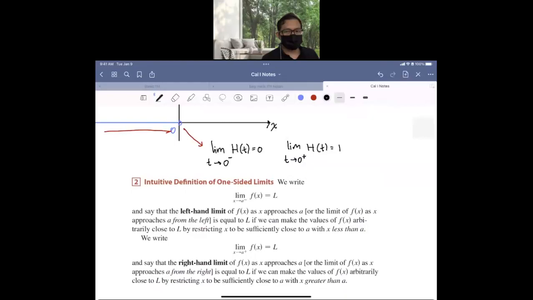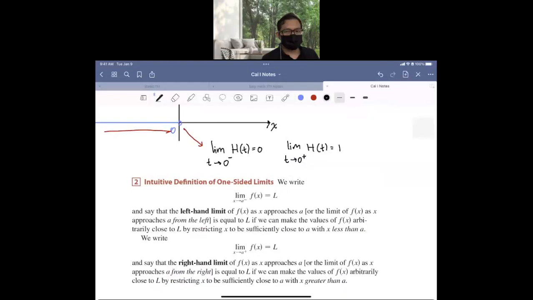We are just seeing it from each side, from the left side and from the right side, depending on where it's going. For example, the left-hand limit says that as x approaches a, the limit of the function of x will be equal to L.